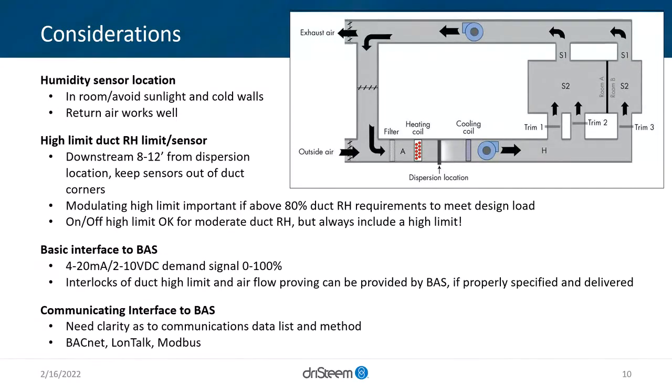And then communicating that interface in a more extensive way would be communication interfaces versus an analog or a contact signal. So things like BACnet or Modbus would be quite common in this space.